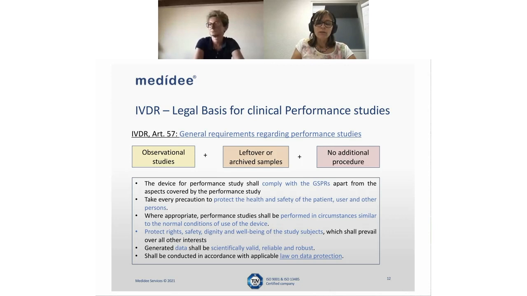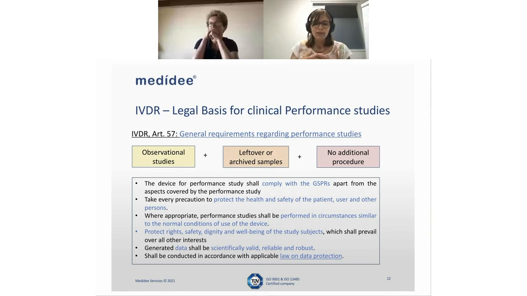And then one really important aspect for this type of study is that the law on data protection always needs to be taken into consideration. This is especially a point that one always needs to think about when asking whether we need to involve an ethics committee in the approval of our study or not.